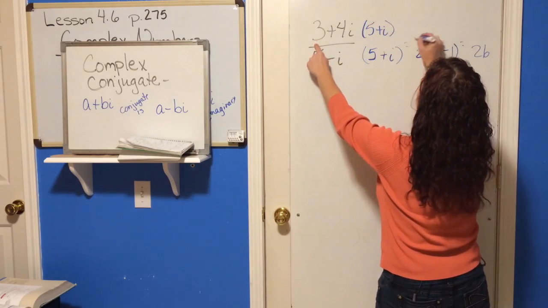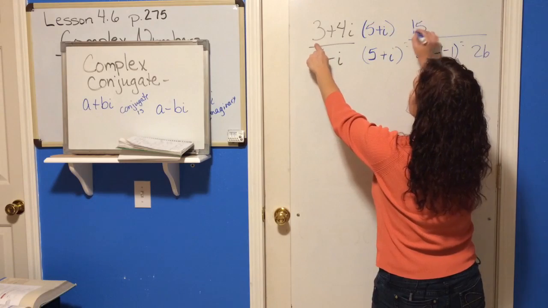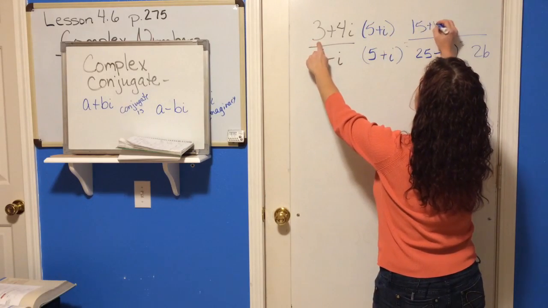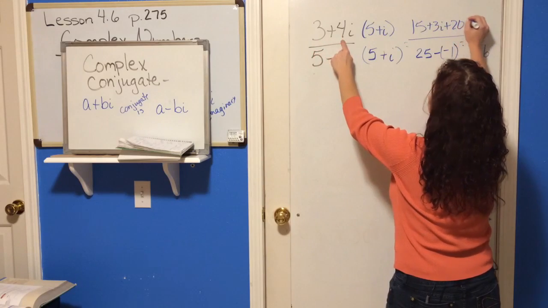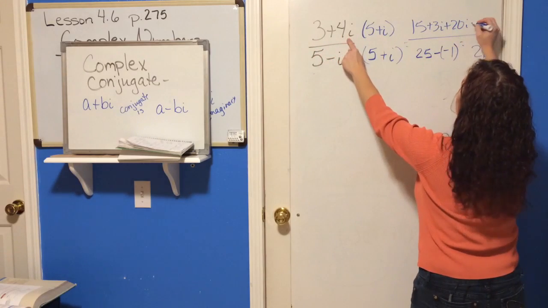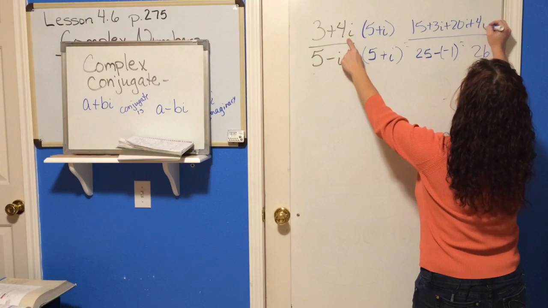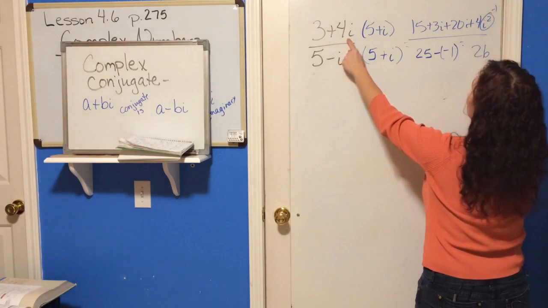3 times 5 is 15, and 3i, and 20i, and 4i squared, which is just -1.